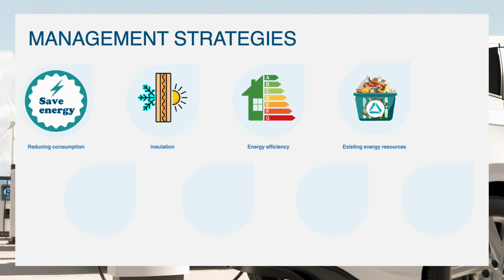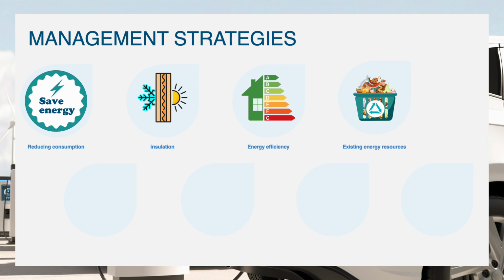Exploiting existing energy resources means making better use of the energy resources that are already available. This does not only mean using more fossil fuels, it can also mean using current energy resources more efficiently. So, for instance, using waste heat from factories, expanding existing renewable projects, or using waste materials to produce energy.